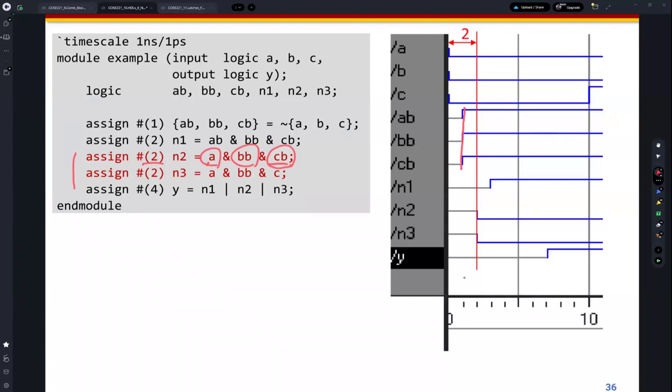Actually, you can find that A is changed at t equal 0, and then BB and CB will be changed at t equal 1, right?